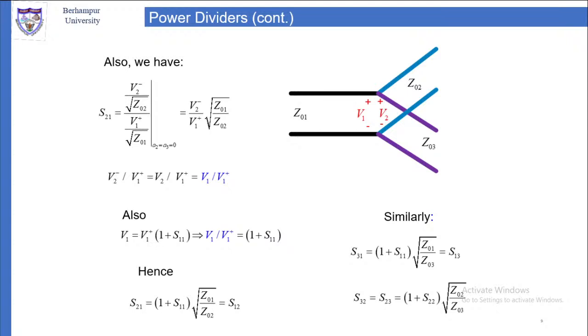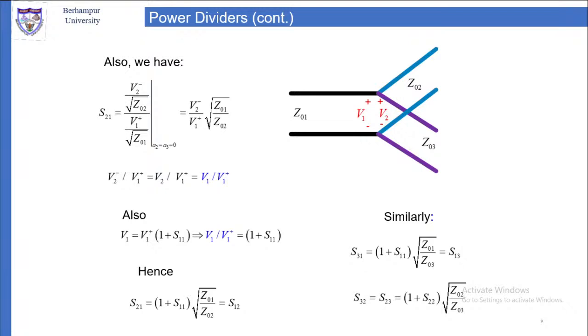Look at the figure. You can see that at the junction V2 minus is equal to V2 exactly at the junction. From that point it is getting reflected. So at that point, V2 minus is equal to V2. That is also equal to V1. Therefore, V2 minus by V1 plus is equal to V2 by V1 plus is equal to V1 by V1 plus.